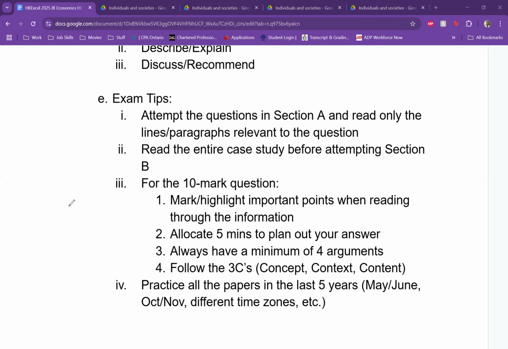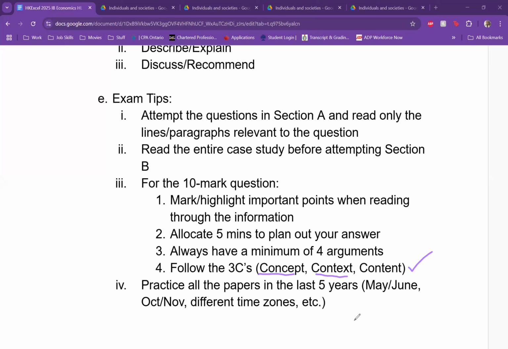Finally, you want to follow the 3 C's, which is concept, context, and content. Concept is just your business management concepts that you've studied over your IB years. This is everything that you've picked up from your textbook and from your classes. Context is going to be the data from the case study that you're going to use to make an argument.